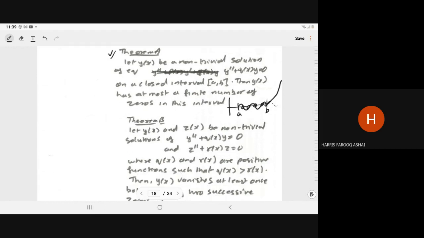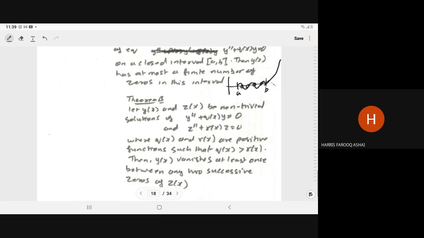Now the second theorem is the Sturm comparison theorem. Here we will compare two solutions. Let y(x) and z(x) be non-trivial solutions of the two differential equations y'' plus q(x) y equals 0 and z'' plus r(x) z equals 0 respectively.